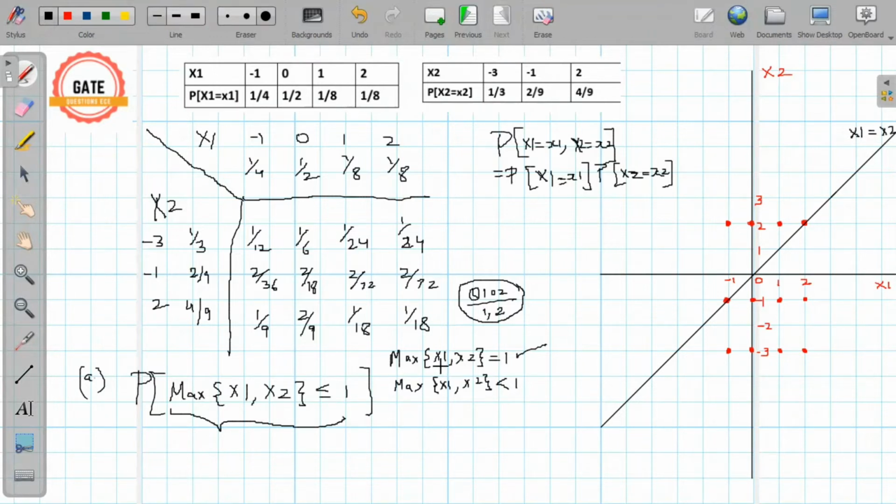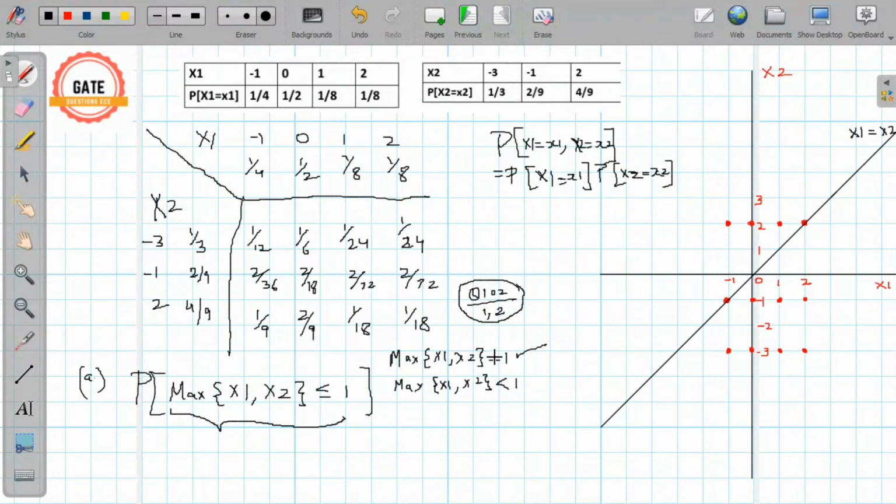For example, if we wanted to know the region for maximum x1 comma x2 equal to 3, say, then it is an inverted L shaped boundary in the x1 x2 plane with the corner lying on the x1 equals x2 axis at point 3 comma 3. So whatever value we write here, if it is 1, then the corner will lie at 1 comma 1. If it is 3, then the corner will lie at 3 comma 3.